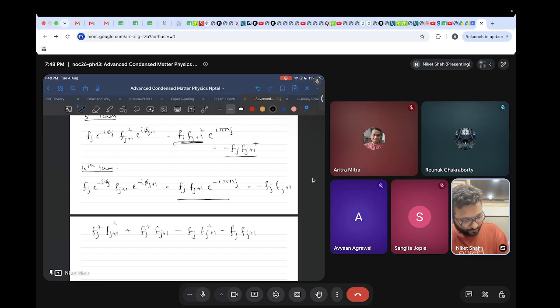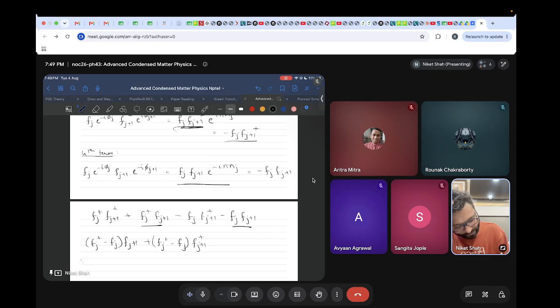So I'll combine this. Fj plus 1 is on the right. I can't combine like that. Fj dagger minus fj into fj plus 1. That's 2 terms, and the other 2 terms are plus fj dagger minus fj, again that, into fj plus 1 dagger.